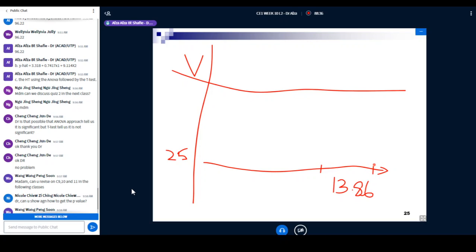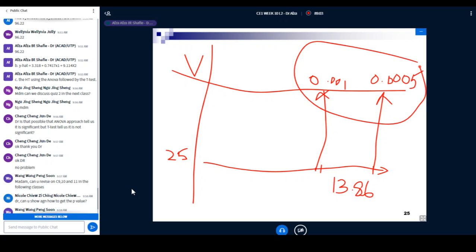So you read up, just like what we did for the hypothesis test. If it is an interval, read up. What is the alpha here? Let's say 0.001, and let's say here 0.0005. So the p-value will have to be between these.